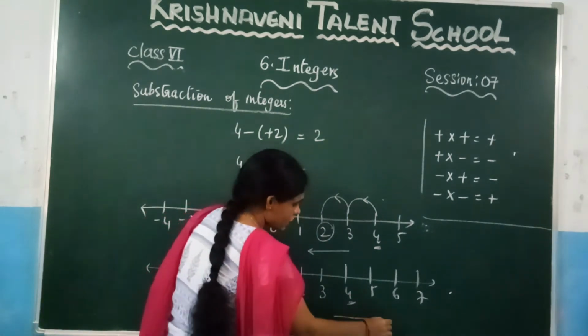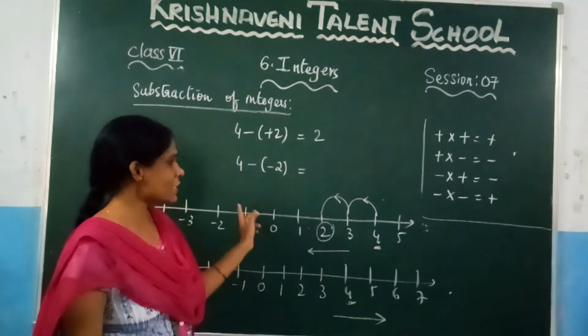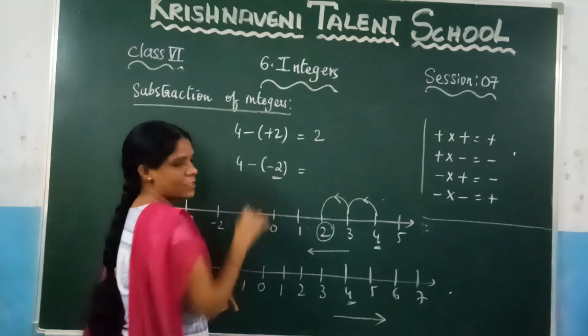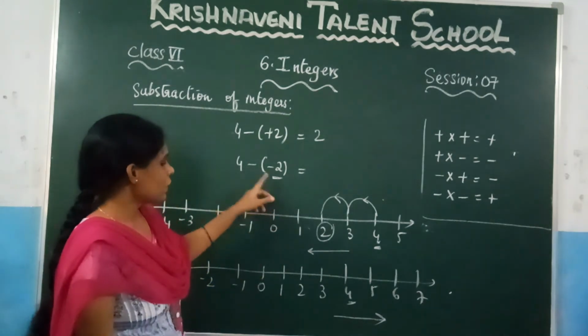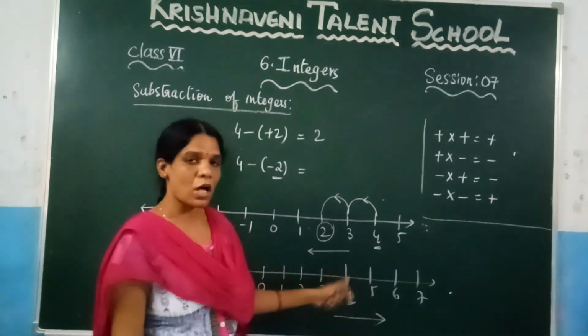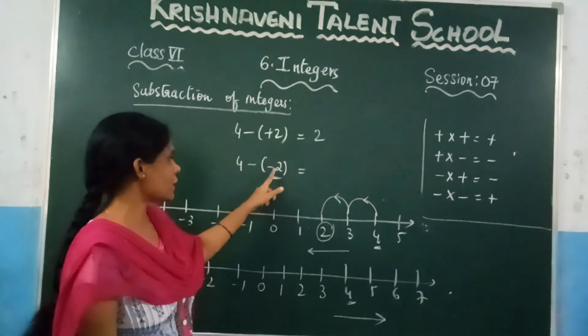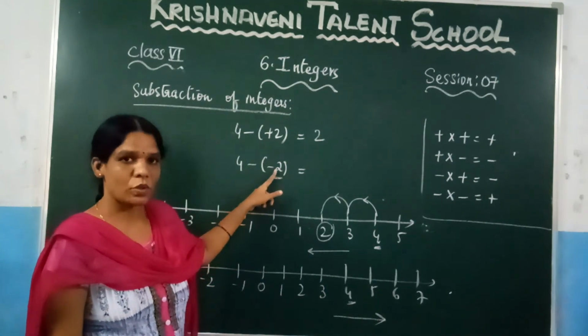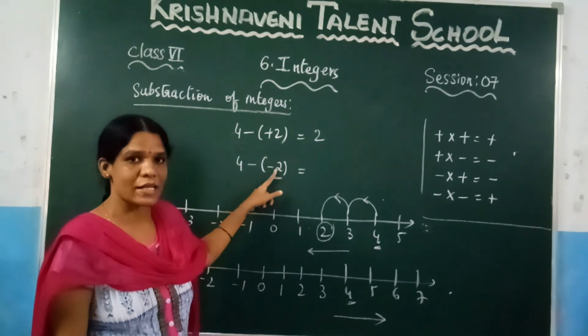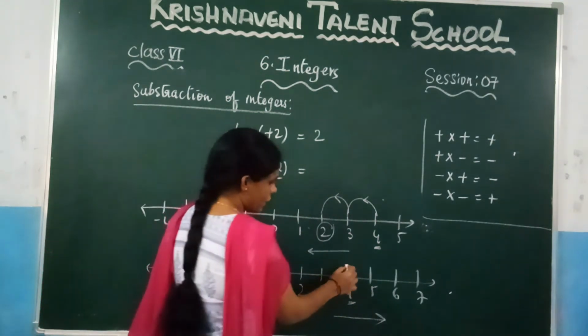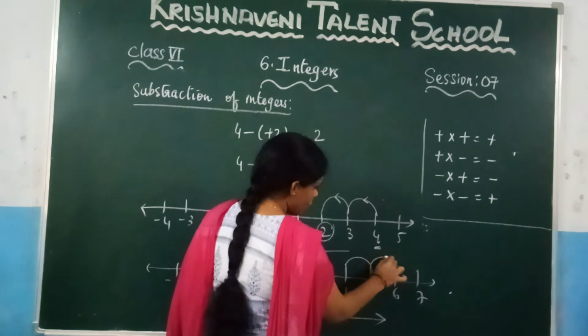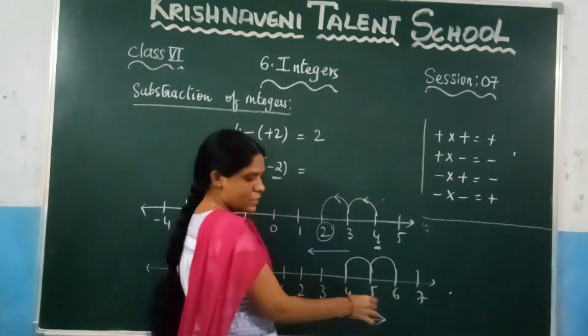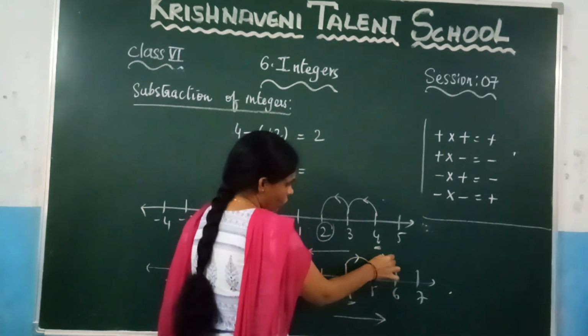So in this direction you need to move while subtracting a negative integer. How many steps do you need to move? You need to see the second number. What is the number here? 2. So you need to move 2 steps to the right side. Let us move 1, 2. Since we are moving in this direction, mark arrow marks like this.